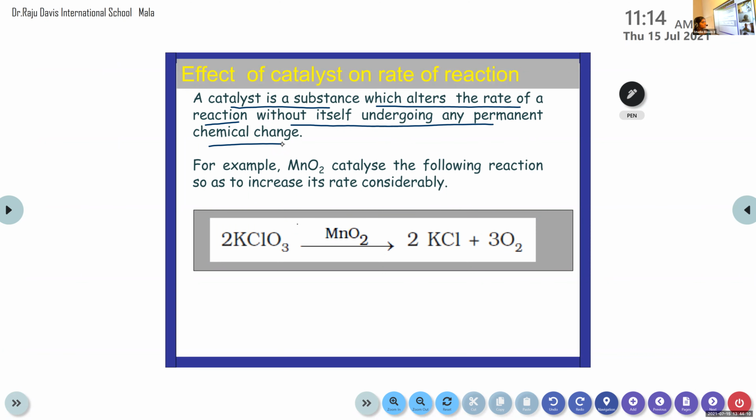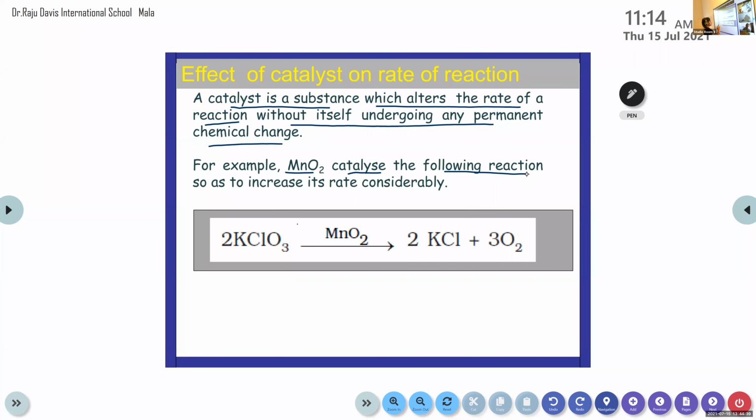A catalyst is a substance which alters the rate of a reaction without itself undergoing any permanent chemical change. That means after the chemical reaction, the catalyst can be obtained in its initial state itself. For example, MnO2, manganese dioxide, catalyzes the following reaction so as to increase its rate considerably.